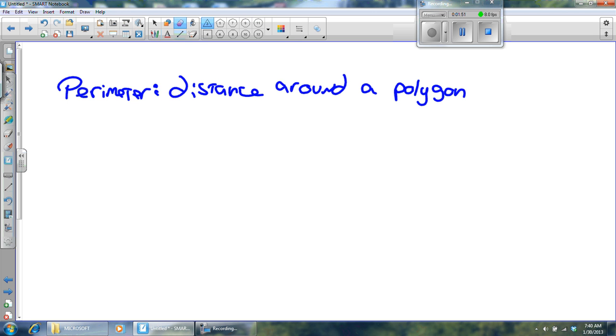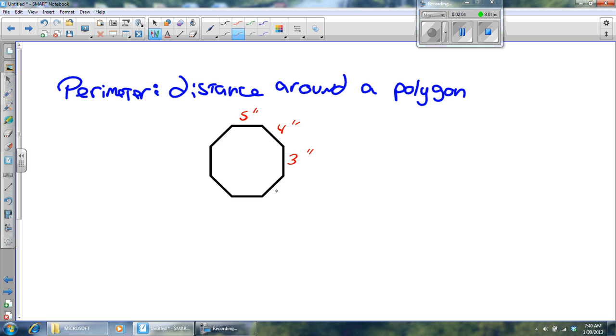If I give you a polygon, say I'll give you an octagon here. Okay, and I told you that this side was 5 inches, and that side was 4 inches, and this was 3 inches, and then 5, and then 4, and then 3 again, and then 6, and I don't know, 7. Just making it up. I'm not sure if this polygon can exist, but I'm just demonstrating a point.